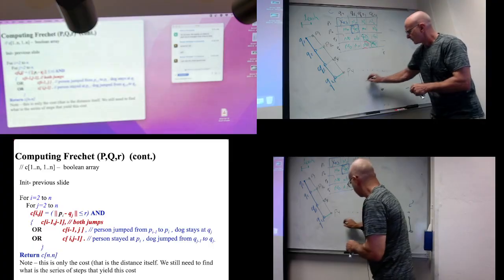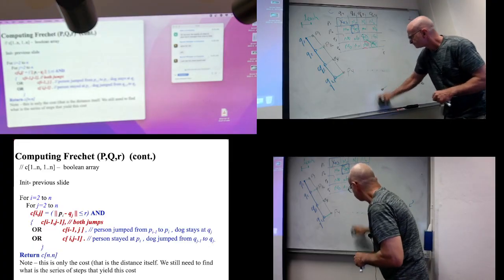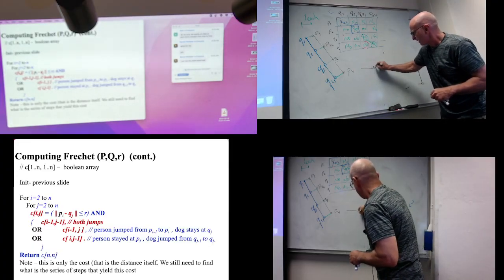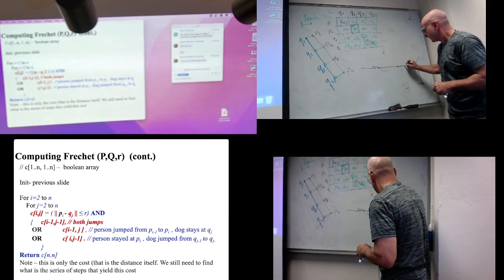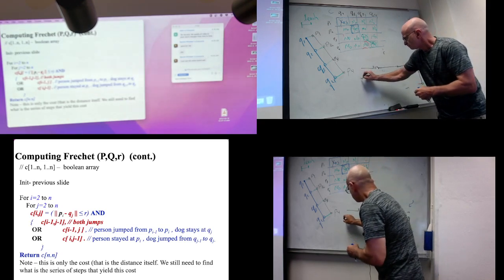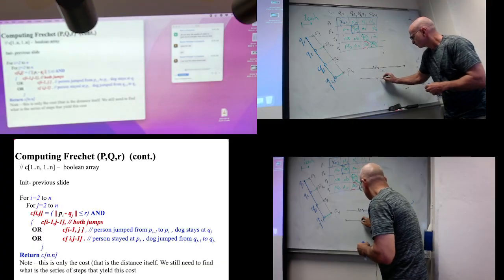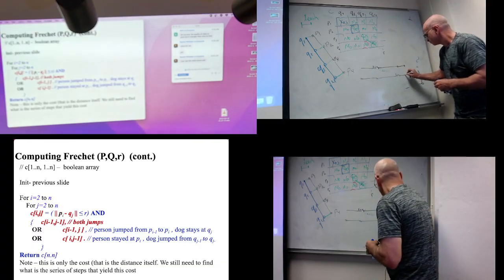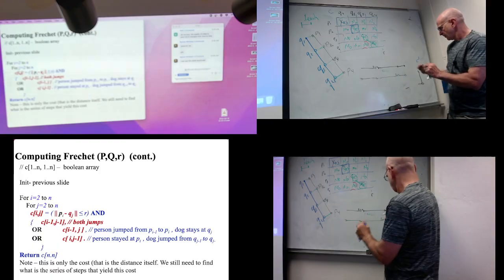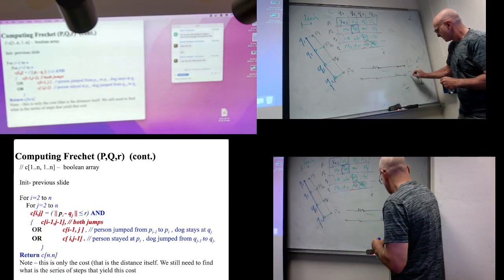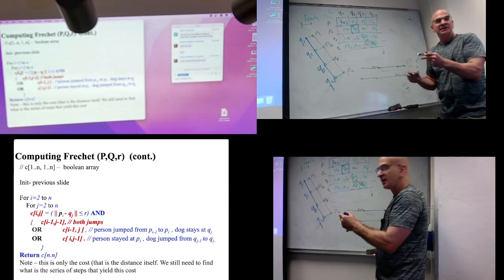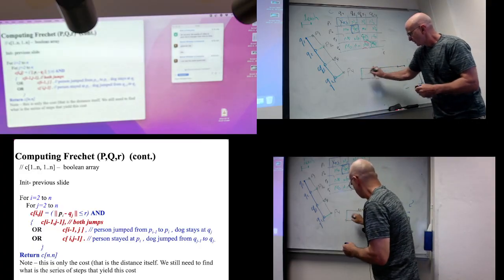We saw this example. It could be that here is P, common example. Here is Q, this is P, this is Q, and the only alignments that I might get will be this one.